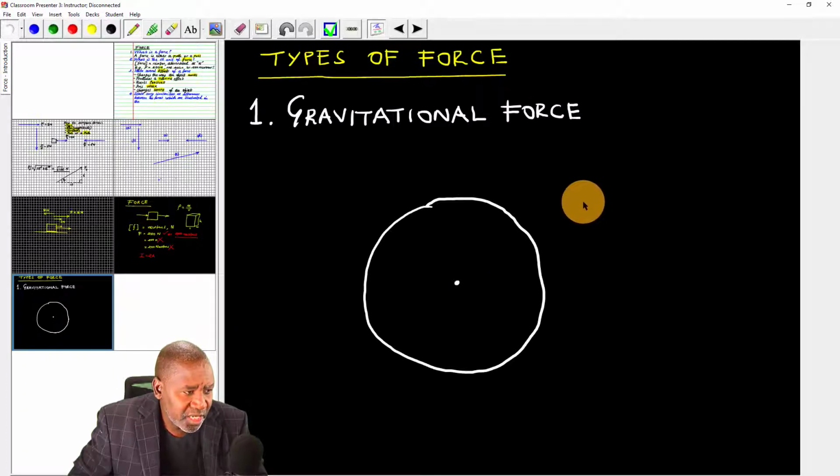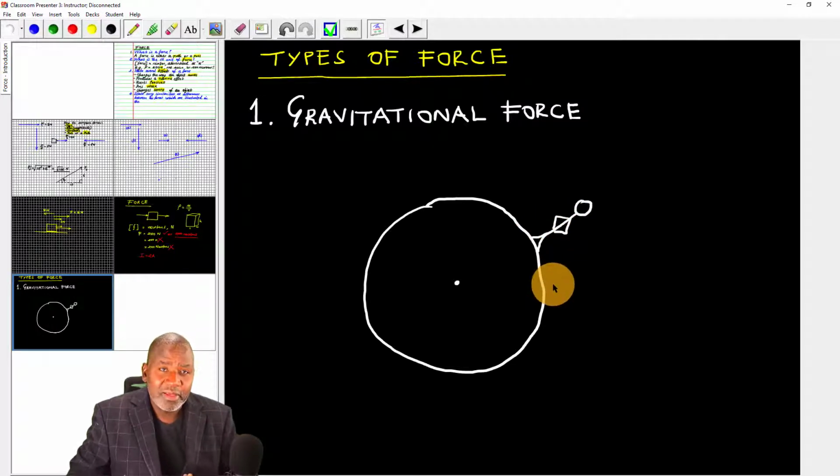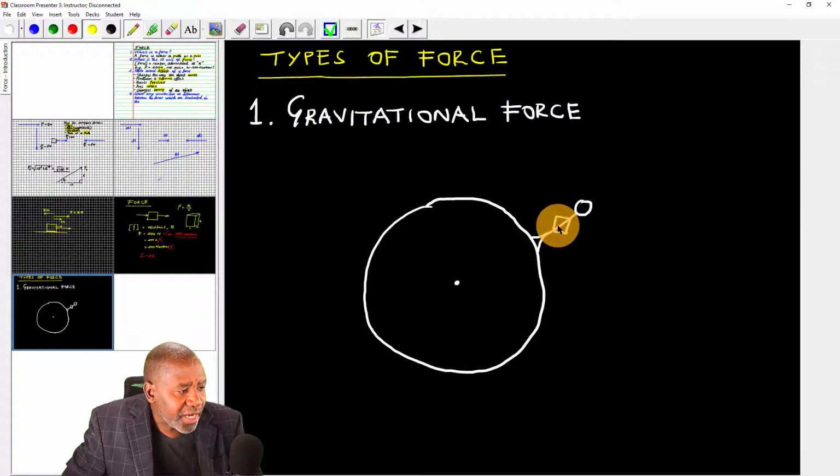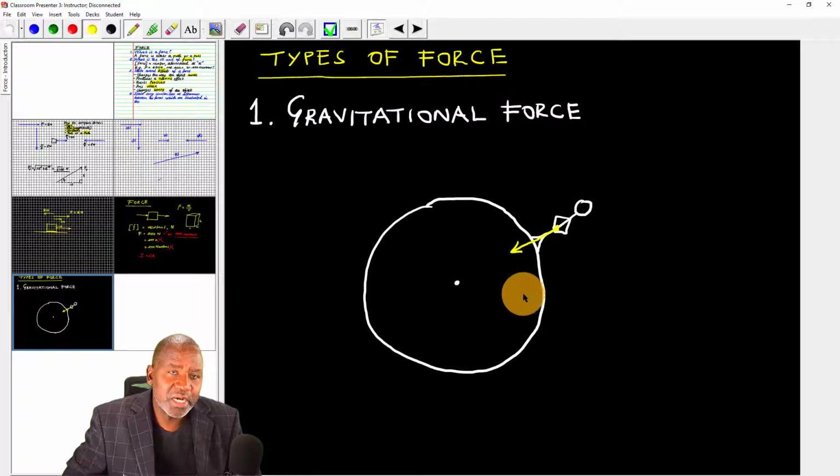And we might have a person standing on the Earth, like that. So the Earth is going to exert a force on this person towards the center of the Earth with this amount of force, and it's called gravitational force.